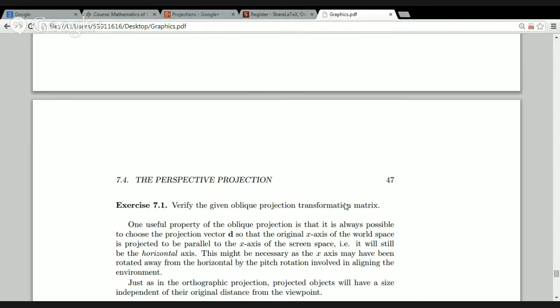So this is the projection here. Given the x coordinate of this point, the idea is what is the x coordinate of the projection of that point onto the screen. Now here's the projection vector d, and which bits of d can we see accurately? Well, this distance here will be exactly dz.